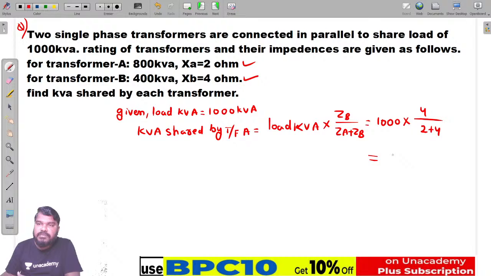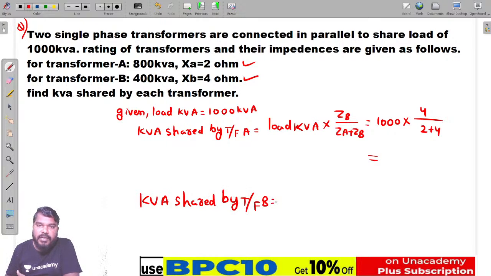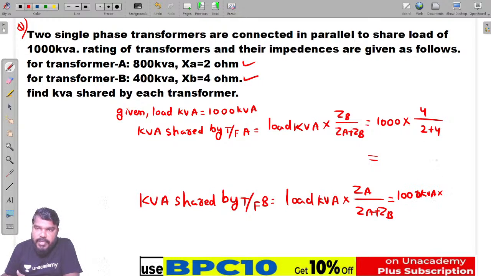Now simplify this, you will get the answer. Next, kVA shared by transformer B is equal to load kVA into ZA divided by ZA plus ZB, that is 1000 kVA into 2 divided by 2 plus 4. Now simplify this.